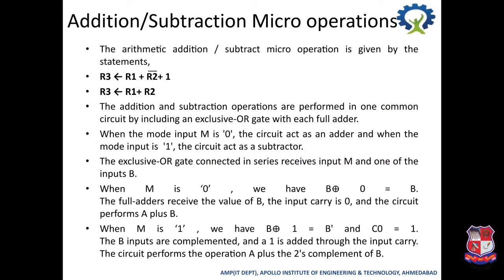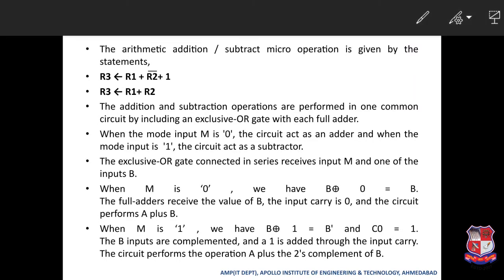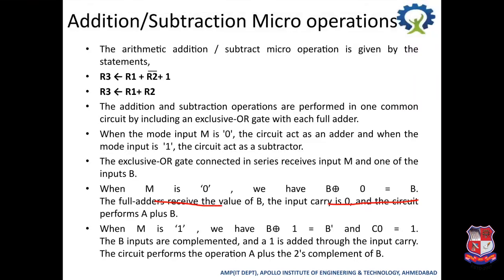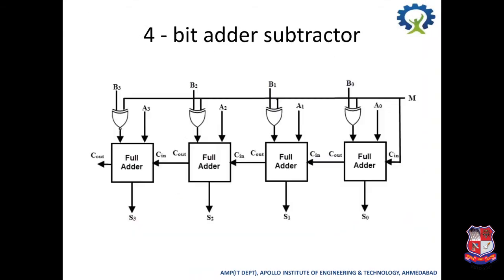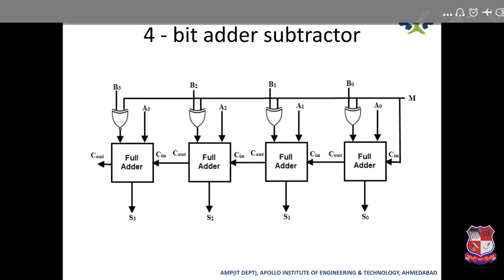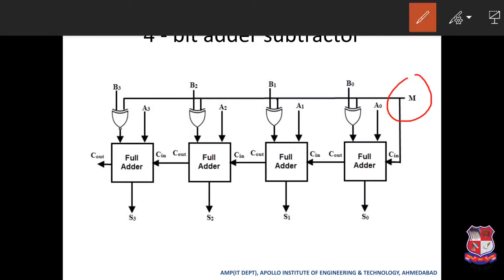Our input bit is the mode input M. Whenever M is equal to 0, B exclusive OR 0 is equal to B. Whenever M is 0, B exclusive OR 0 is equal to B. Means here the M bit is there.